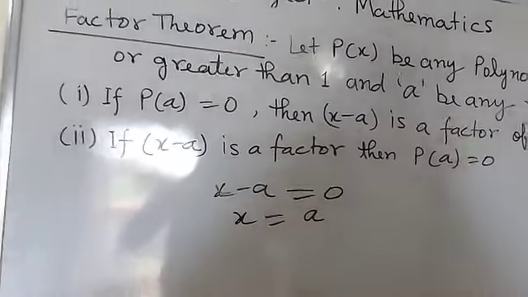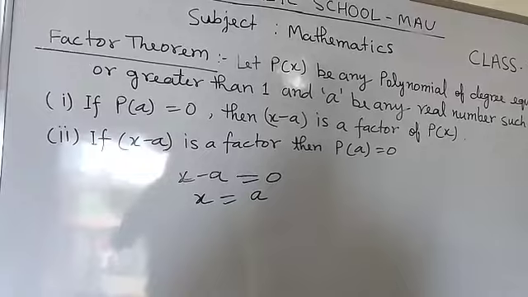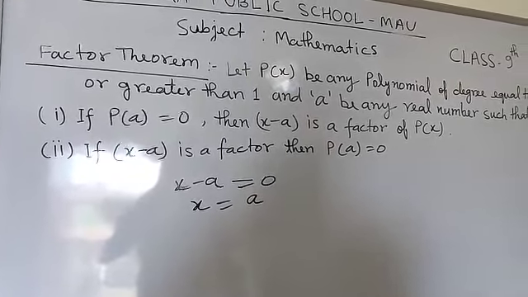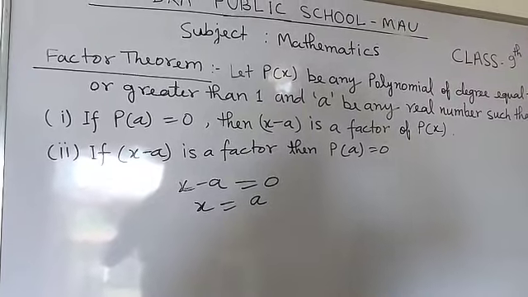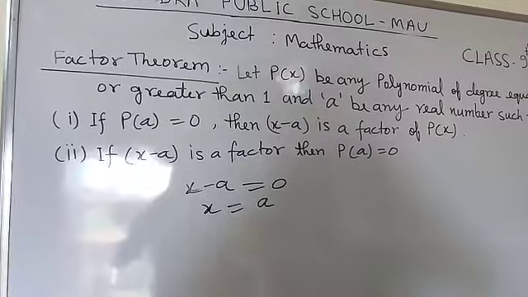I have taken one example also. If I ask you to check whether 5 is a factor of 20 or not, you divide 20 by 5, and you get the remainder 0, so you can say that yes, 5 is a factor of 20.